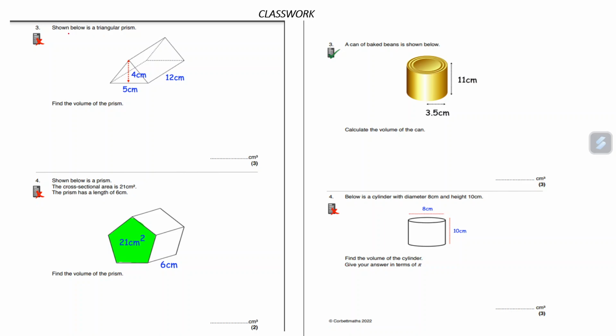This shown below is a triangular prism. The question says find the volume of the prism. The first thing first is to understand the formula.